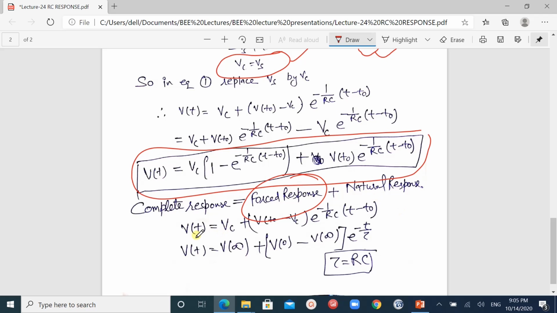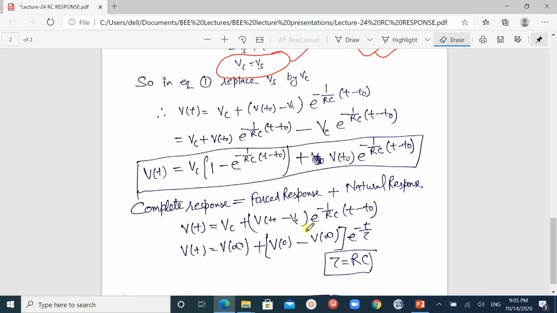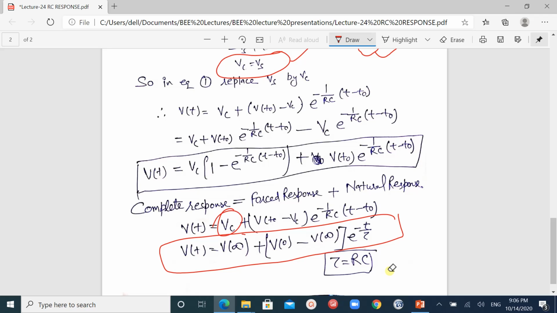So the equation will become Vt is equal to Vc plus (Vt minus Vc) e raised to power minus 1 upon RC into (t minus t naught). So replace this RC by tau. Tau is equal to RC, and we will get this equation. We replace this Vc by V infinity because this is our final value, meaning the steady state value.